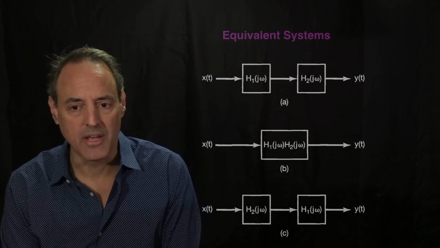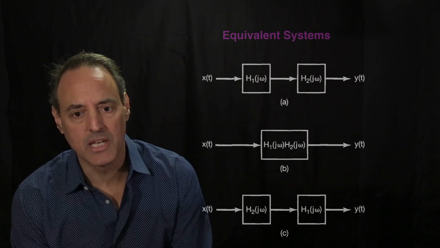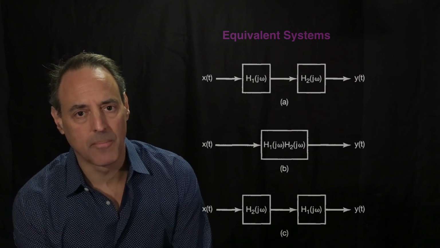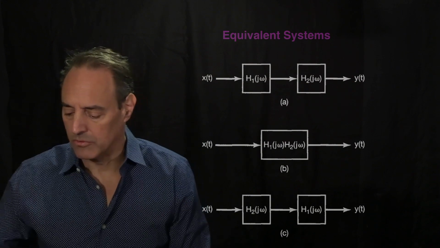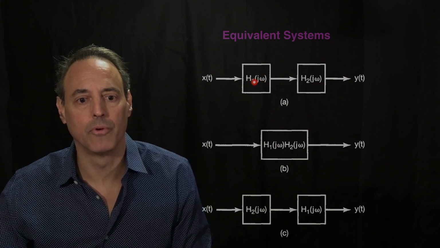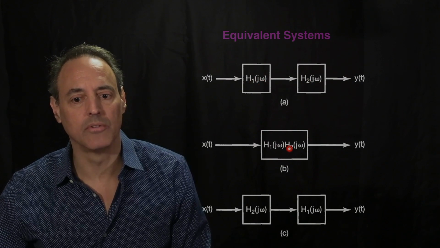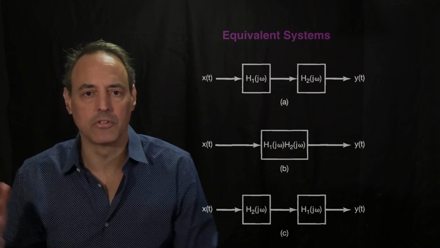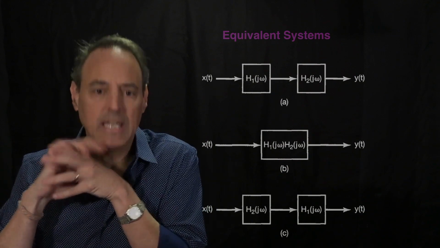Another way to think about some of these things in terms of equivalent systems is that if you come in and you do these transforms, the order of these operations doesn't matter, right? So you can transform this through the Fourier transform to H2 to get an output. This is equivalent if you just take the product of them or if you reverse that operation. So all these are equivalent systems when I start thinking about it in the Fourier domain.